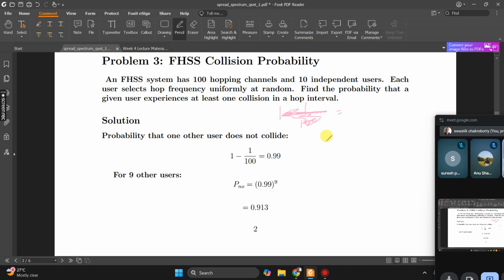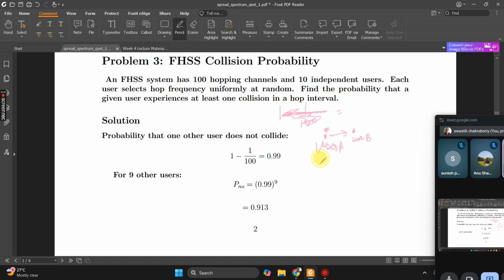Yeah. So what is the probability? Say you start with one user, user A. This is your user with which you are working. Now, what is the probability that it is assigned the same channel as user B, which means it will be colliding? User A has taken a channel and there are 100 channels including that one.